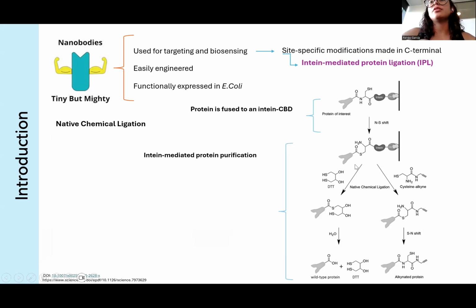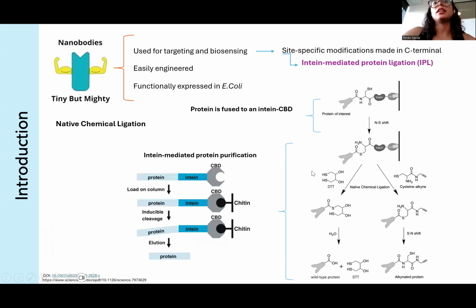Now that we had the native chemical ligation where we attach the DTT or the cysteine alkyne to our protein of interest, we do intein-mediated protein purification to obtain our final protein, which is possible because the intein is self-cleavable.